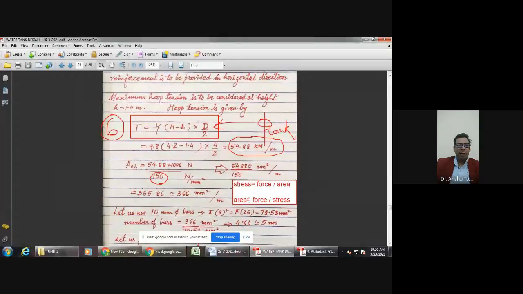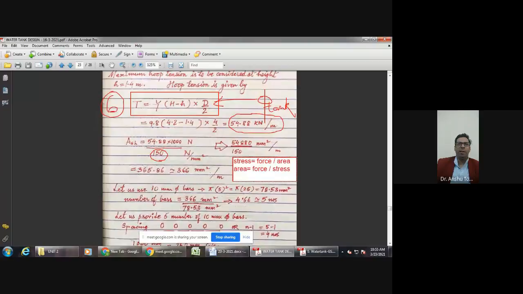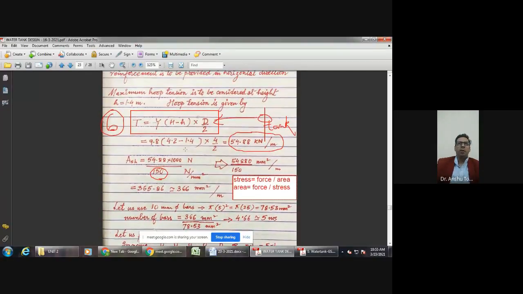So now whatever area of steel you require, it can be found out using the permissible stress value of reinforcement, which is 150 Newton per mm square. When you divide this tensile force with the stress, you will get the area. And this is the area, 366 mm square per meter. Again, you can see I have written the units wherever required.